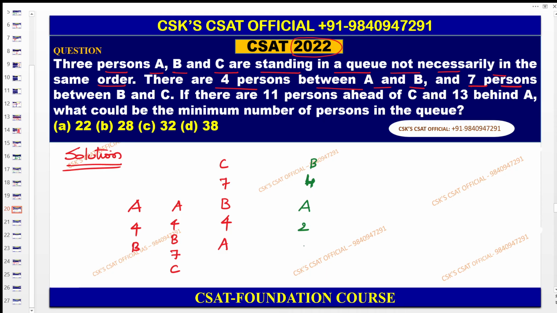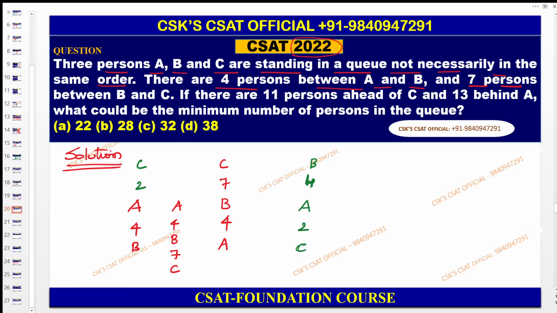Then we can place a C here. Getting it? Now check in this case. First case: 4, 5, here 2, here C. This is also possible. Hope you are getting these things. That is why I am using a different color.